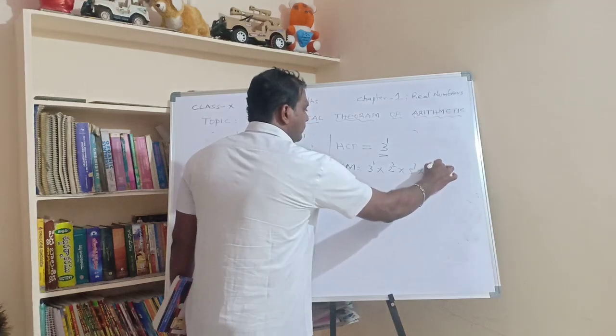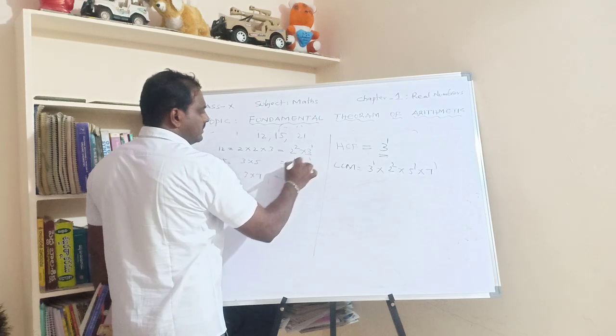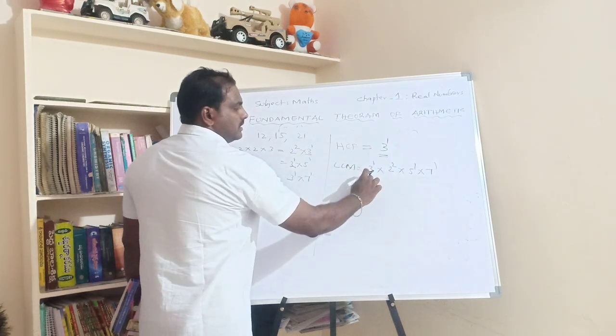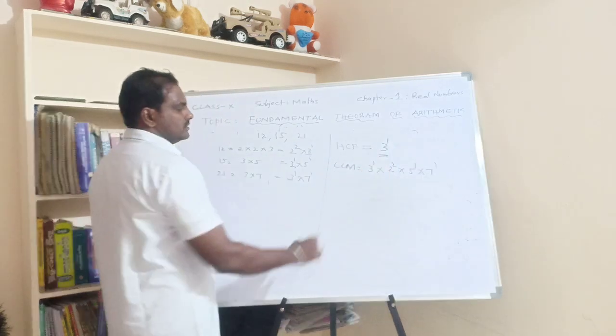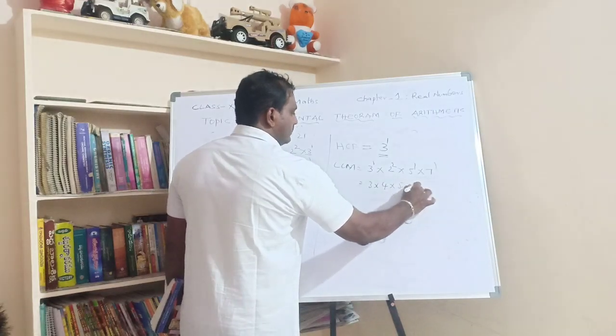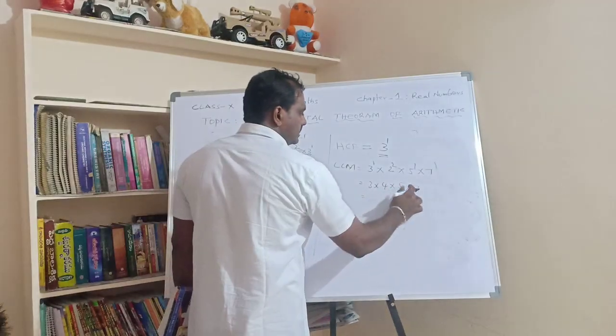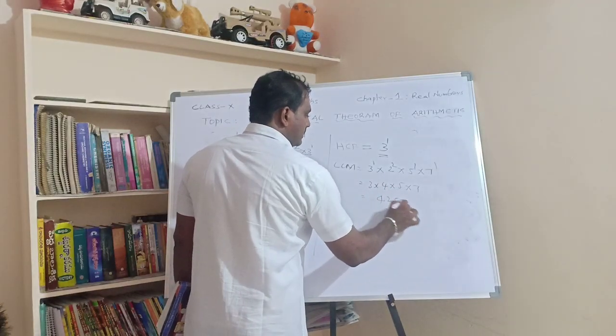Next 7 power 1. So if the prime is common, we have to take the greatest power, and the remaining we should write as well. So what is the answer? 3 into 4 into 5 into 7. 3 4s are 12, 12 5s are 60, 60 7s are 420.